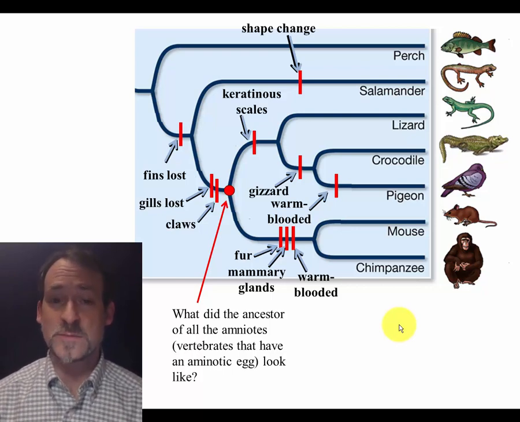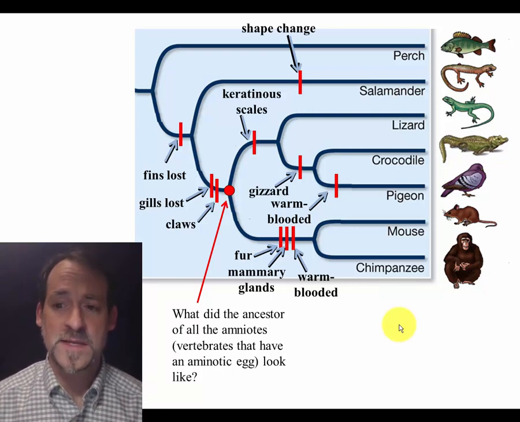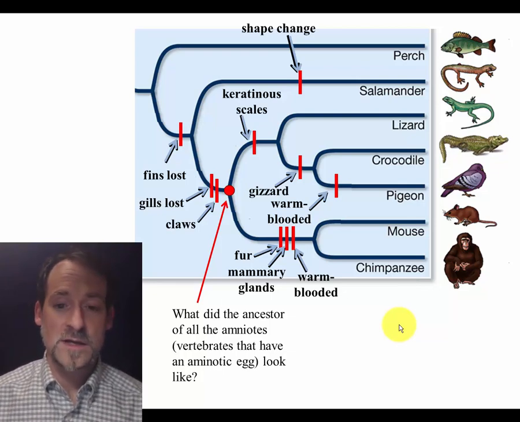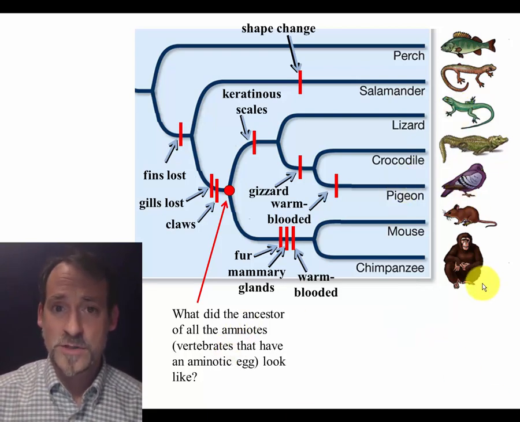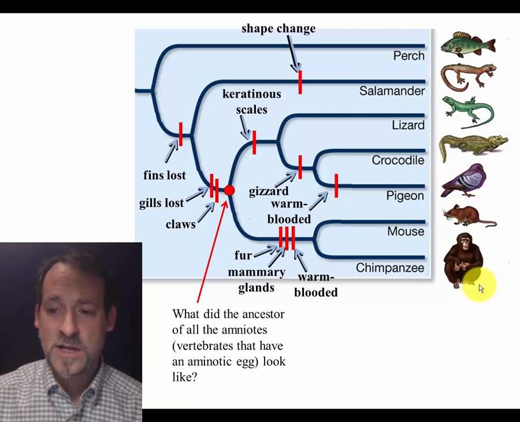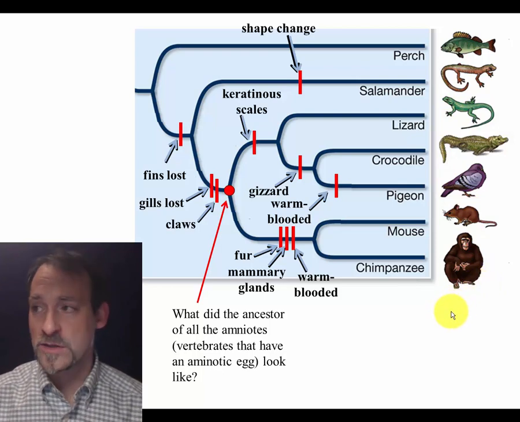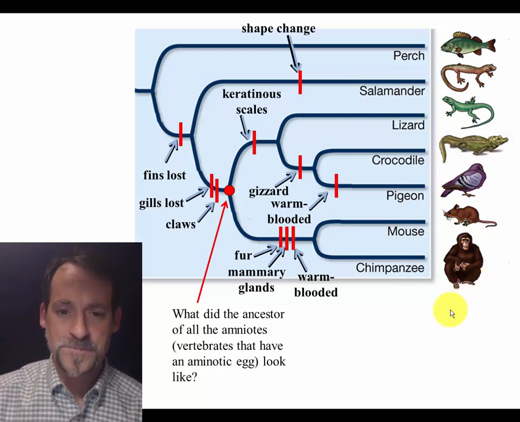This gave vertebrates for the first time the ability to reproduce away from water. It allowed these organisms, the reptiles and the mammals, to essentially colonize dry land and really take over in the niches where we see them today.